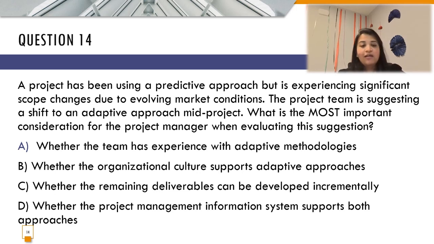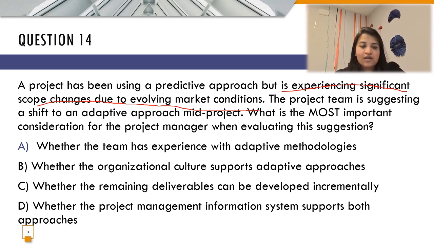Now, given the line in the question which says it is experiencing significant scope changes due to evolving market conditions, this simply means that if they are able to deliver several pieces of working software incrementally, then it is something that can be used or adapted mid-project.